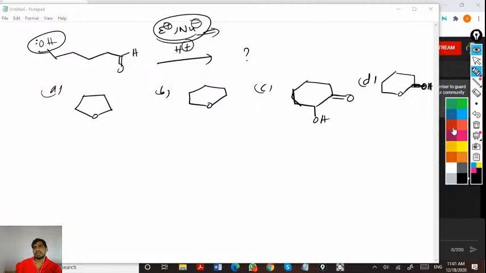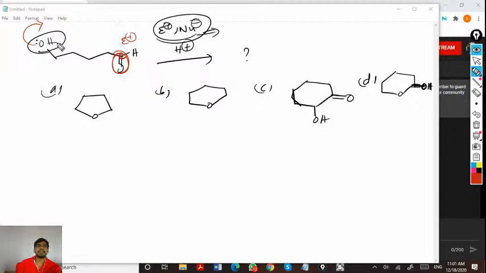And the carbonyl, which has an electron deficient carbon, can act as an electrophile. So the nucleophile will attack the electrophile, because carbonyl can be attacked, as you have already seen for the formation of esters and ketones.